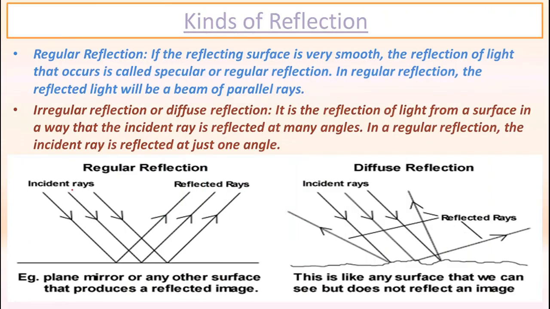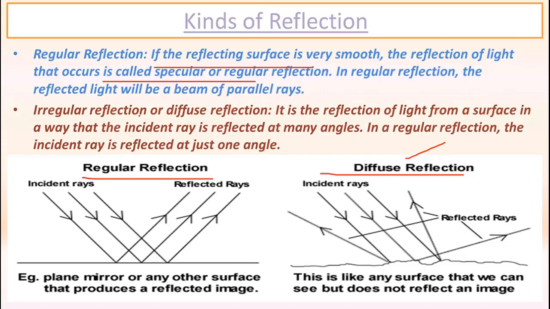Now let's see what the different kinds of reflection are. There are basically two different kinds of reflection of light. That is regular reflection and irregular reflection, which you can also call diffuse reflection. In regular reflection, if the reflecting surface is smooth, then the light rays which bounce from it follow a single path.